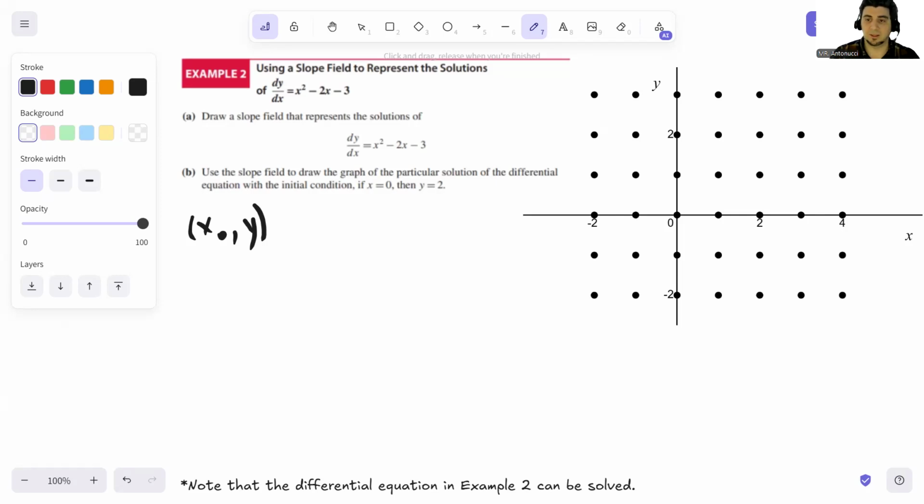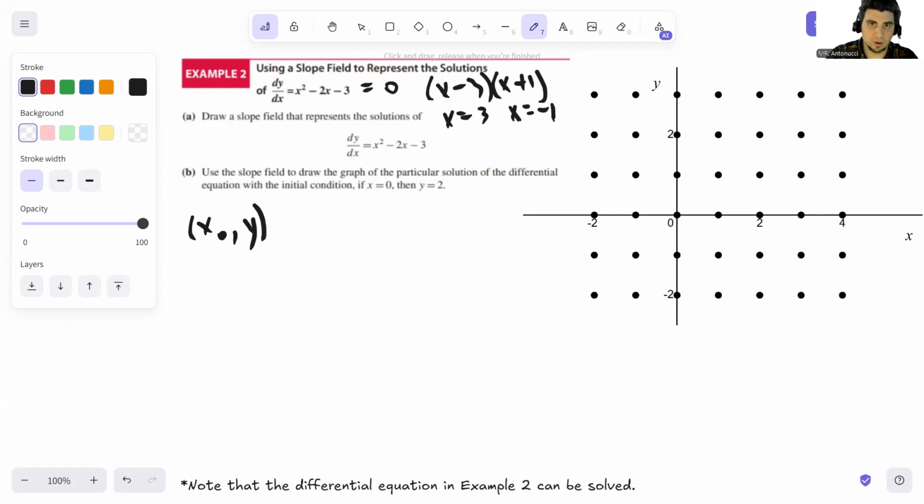So if I start with dy/dx equals 0, I can factor this and get x minus 3 times x plus 1. And so that's going to give me x equals 3 or x equals negative 1. And the reason I did that is because if the slope is 0, then that's going to make drawing the tangent lines very easy.